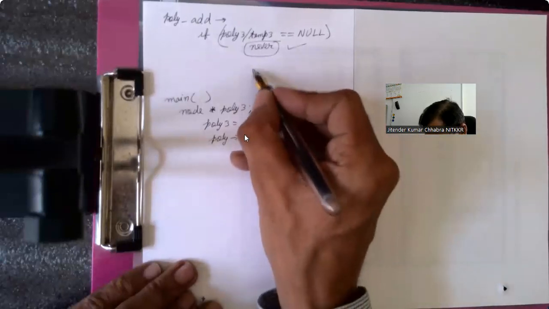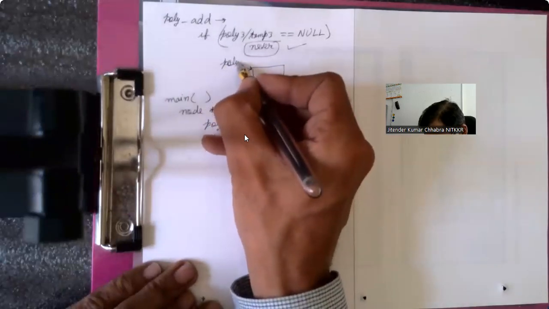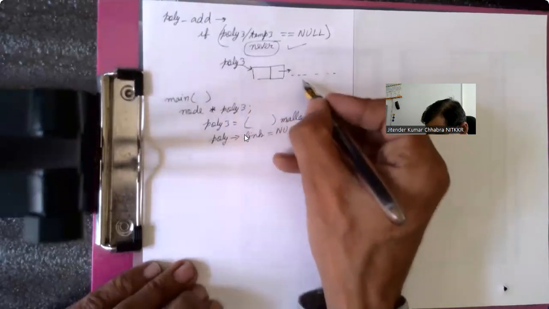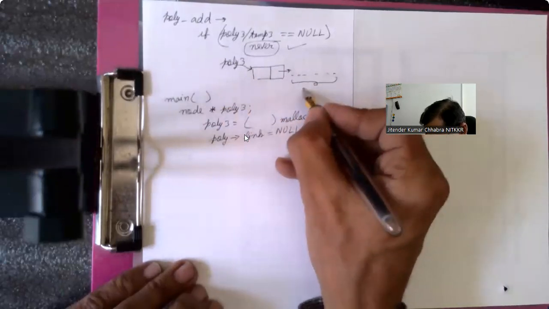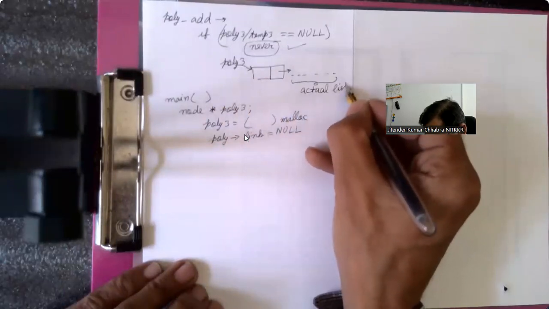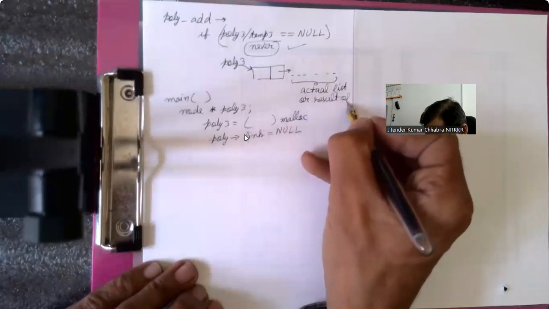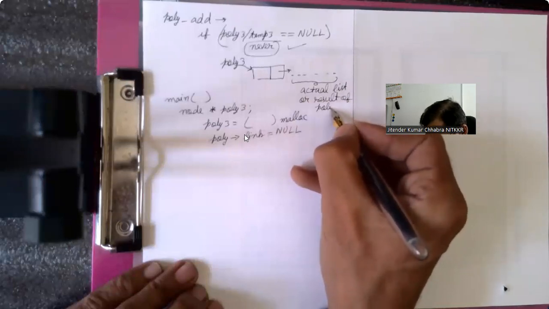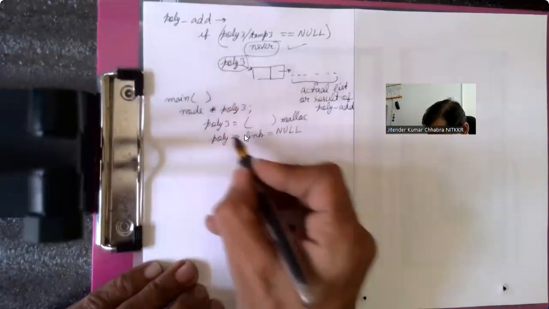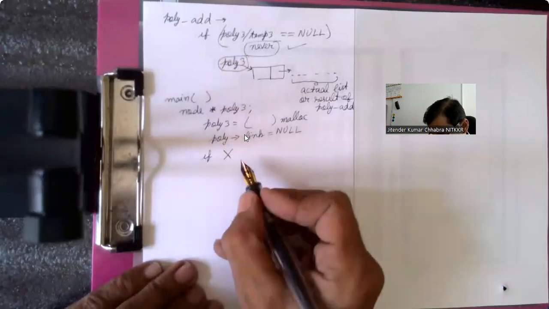That effectively meant this is your poly 3, and from here onwards, the actual list will come, or the result of addition of two polynomials. But indirectly it means poly 3 is never null, so the if condition is never needed.